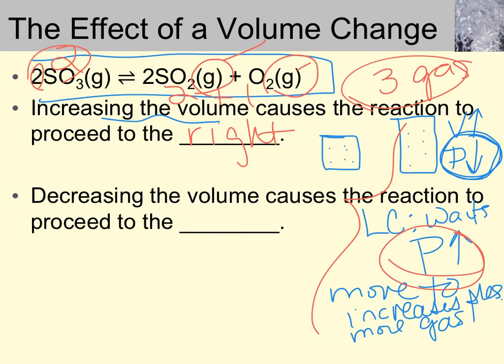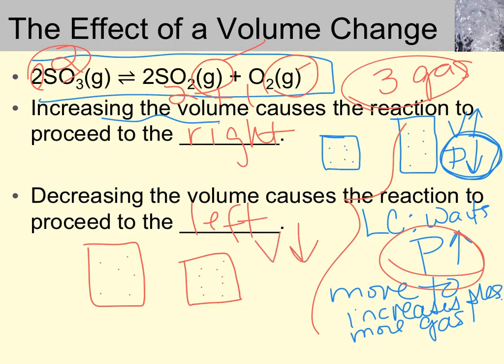Okay, so it should be the opposite for the other one, right? Decreasing the volume, we hope, would make it shift to the left, but let's just verify that. So now we're starting with a large volume, spread out molecules, and we're going to squish it. So those same number of molecules are crowded and have more collisions. So what have we done to volume? We have decreased volume. What has that caused as far as pressure? It has caused pressure to go up.